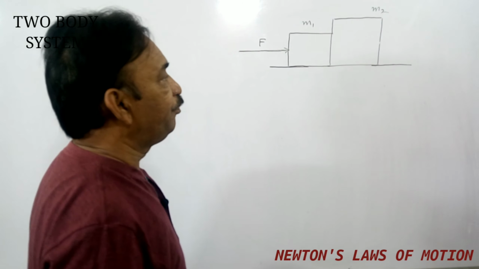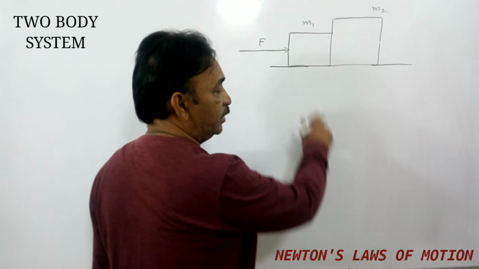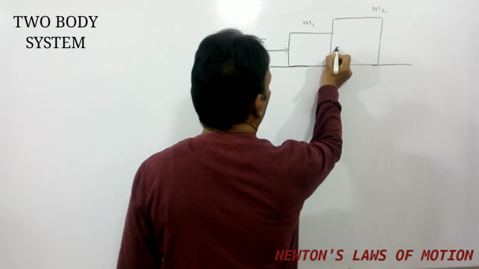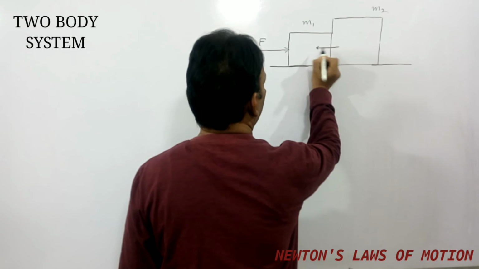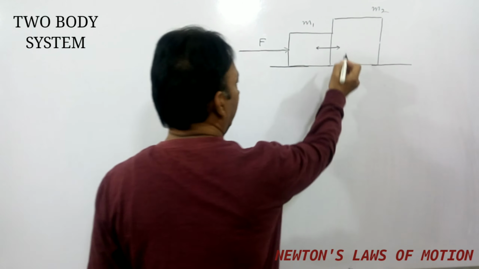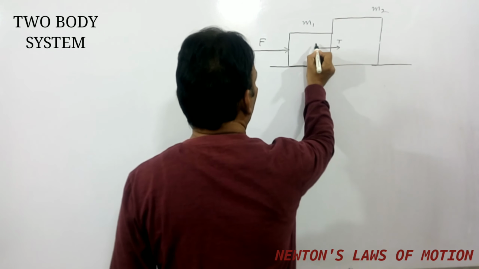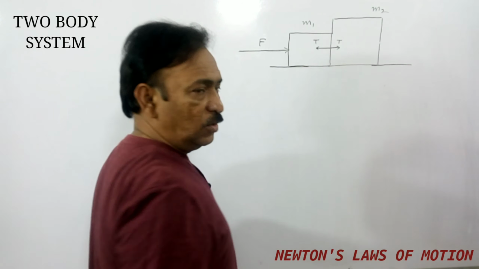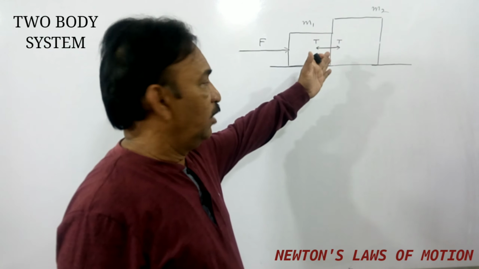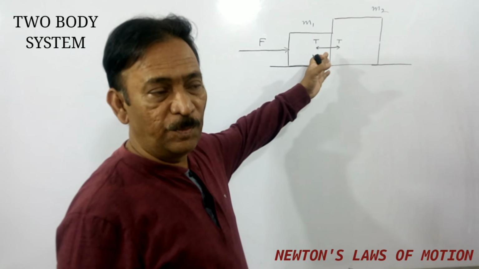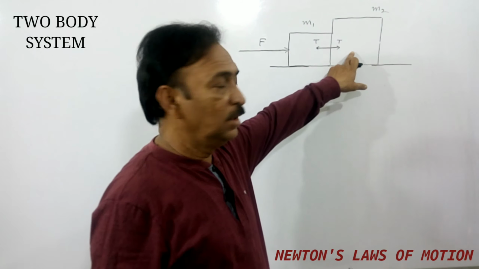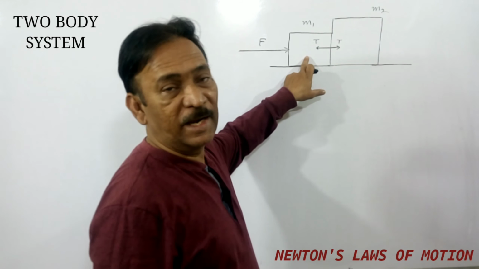Okay, students, in this situation what do we have to do? First we have to find the contact force which is acting in between the two. Let's name this contact force as T. Actually it is a pair of two forces, taken by means of Newton's third law: to every action there must be an equal and opposite reaction.